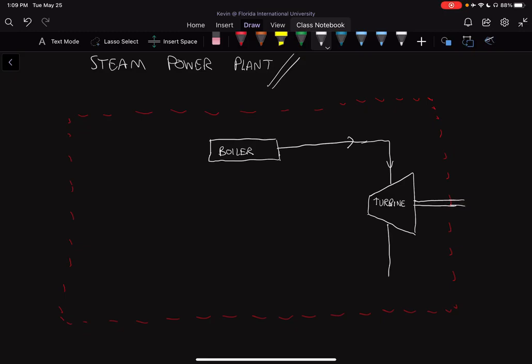Okay? And then from the turbine, we're going to go to a system called a condenser. And then from the condenser, we're going to go to a system called a pump.